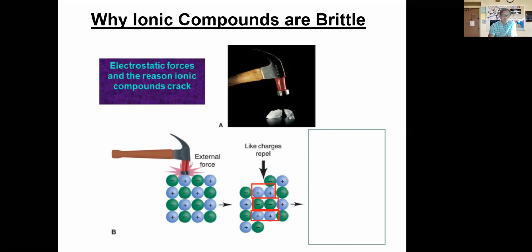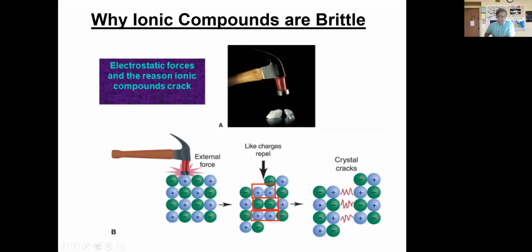As you exert this external force to shift these rows down one single atom, you force similarly charged atoms right next to each other, and like charges repel. On a macroscopic level, they repel one another, and the crystal cracks. It breaks, and that's why ionic compounds are brittle.